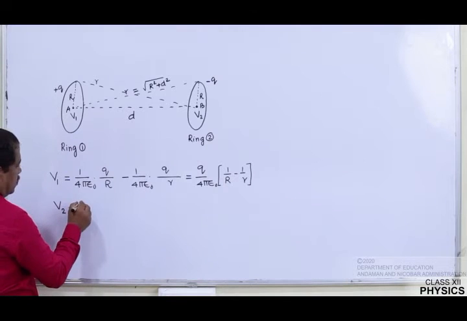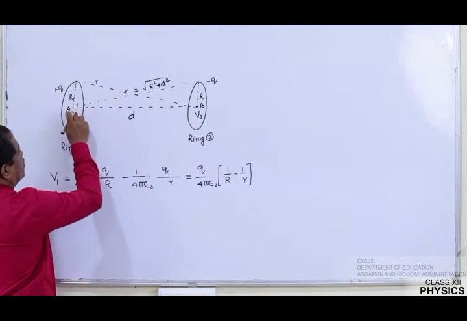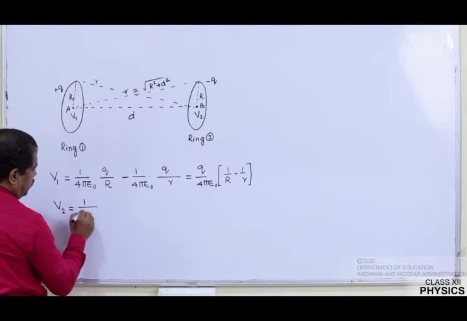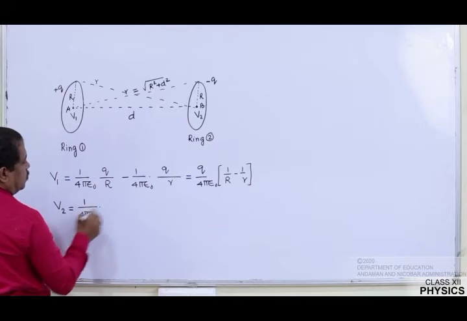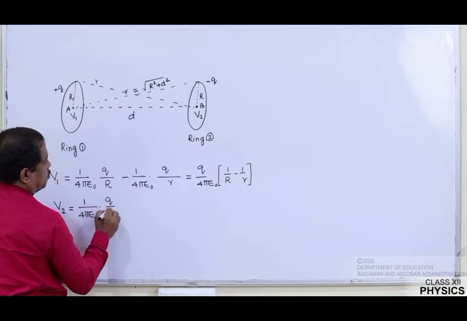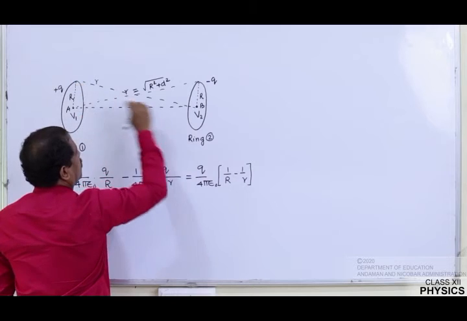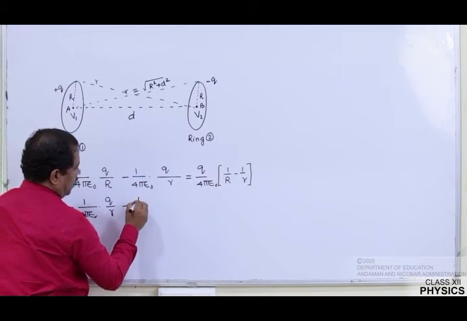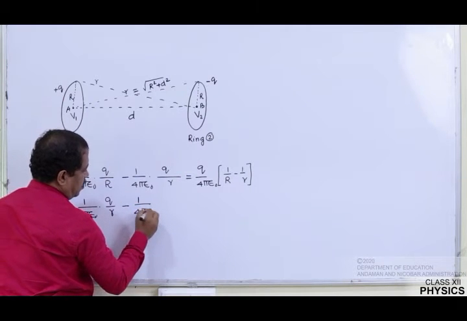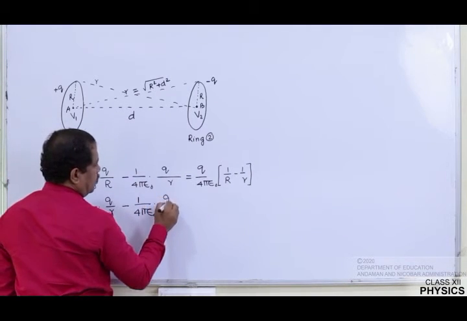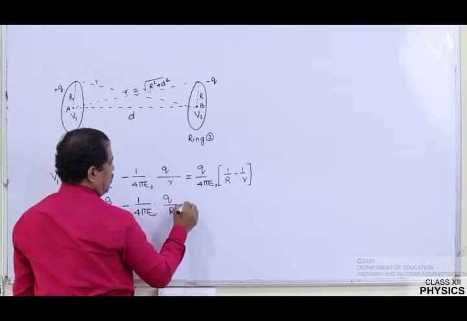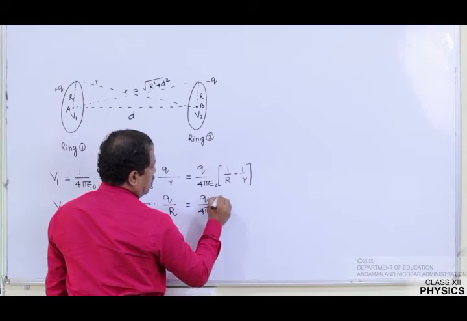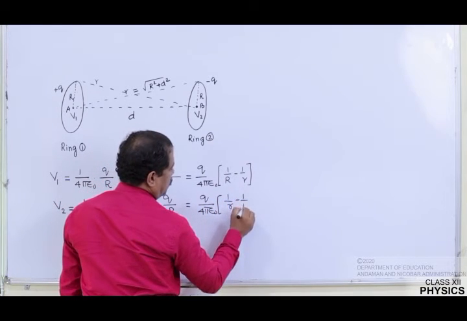So the potential at point B due to the positive charge is 1 by 4 pi epsilon naught into Q divided by small r, and the potential due to the negative charge is minus 1 by 4 pi epsilon naught into Q divided by capital R. Otherwise, I have Q by 4 pi epsilon naught into 1 by small r minus 1 by capital R.